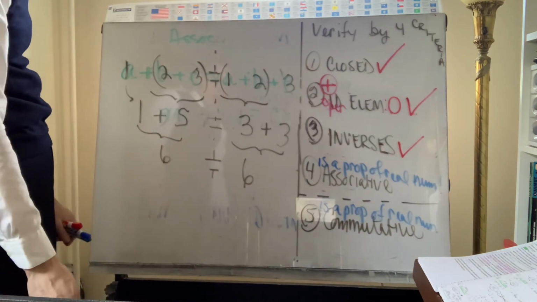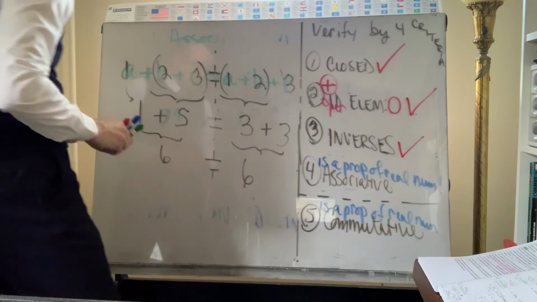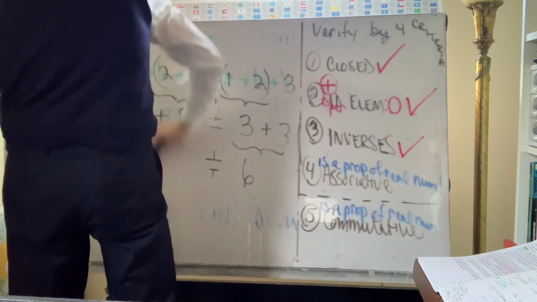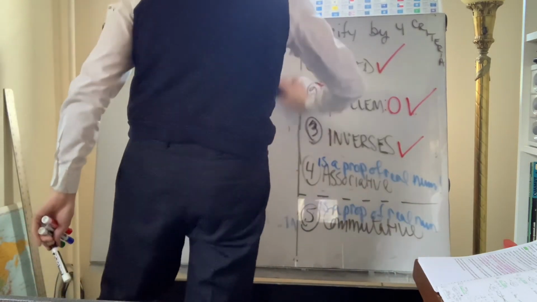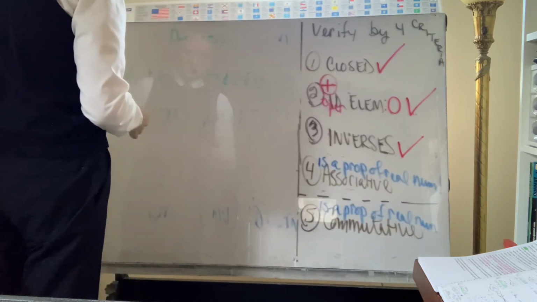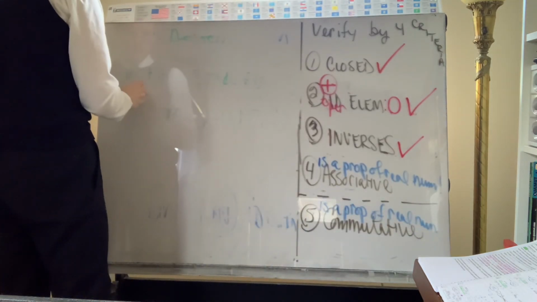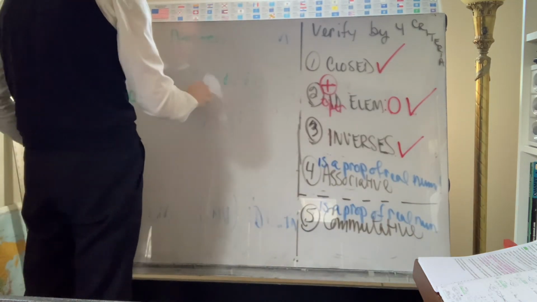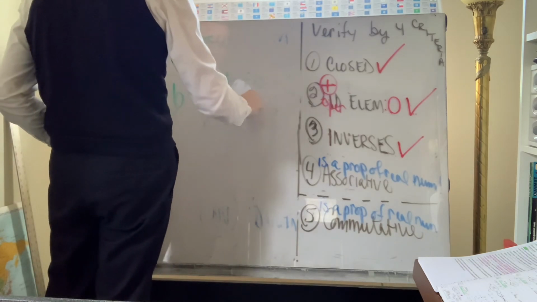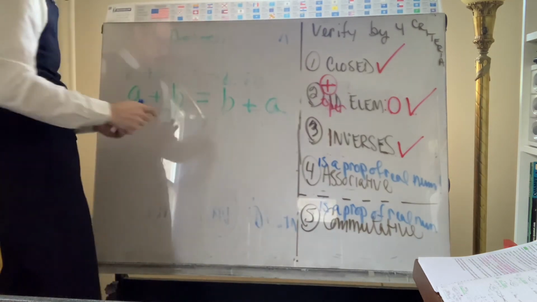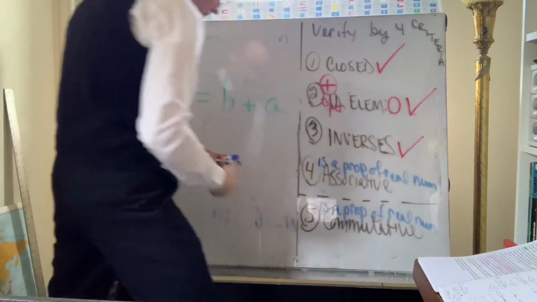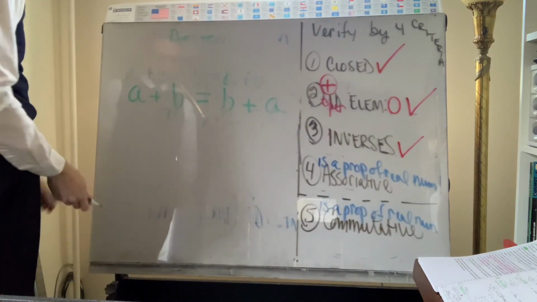Anyhow, if you test out the commutative property of addition, that's this: A plus B is equal to B plus A. Sorry, it's faint. Substitute in some values.